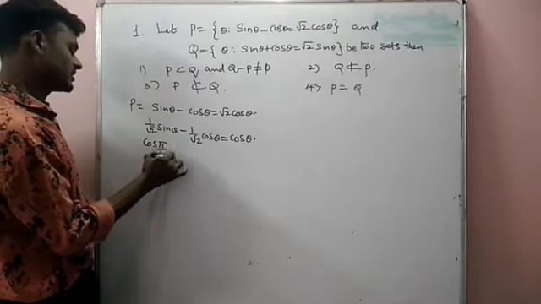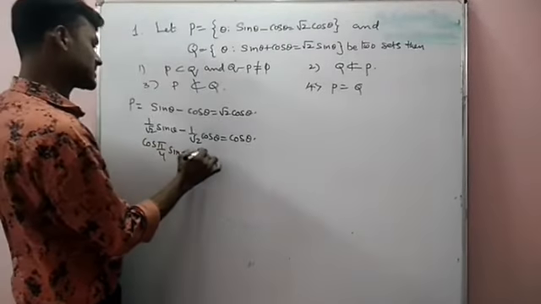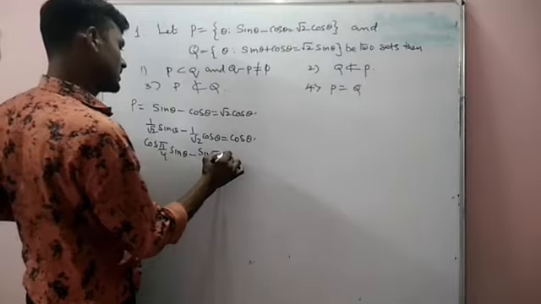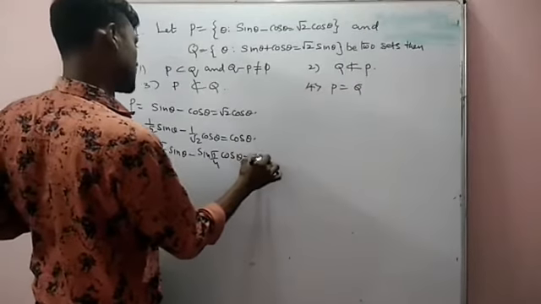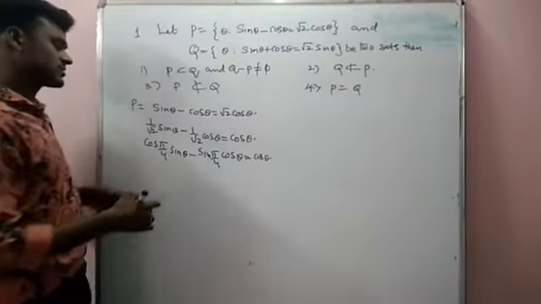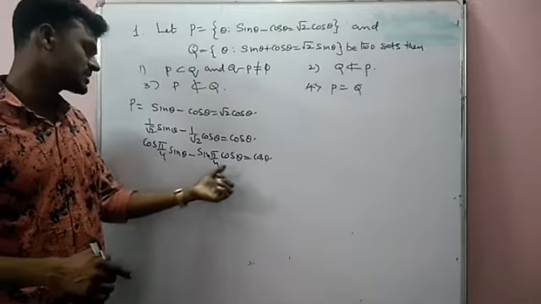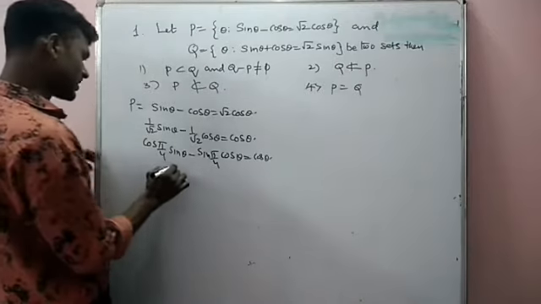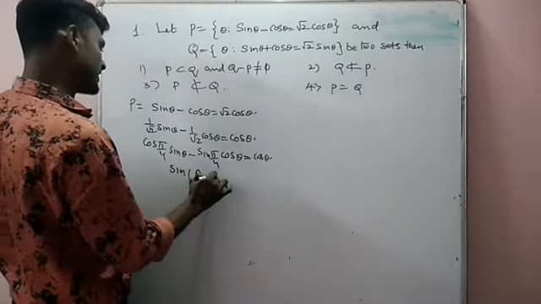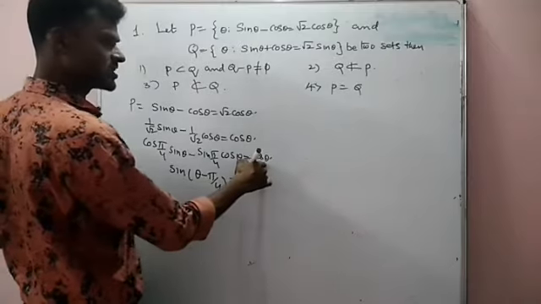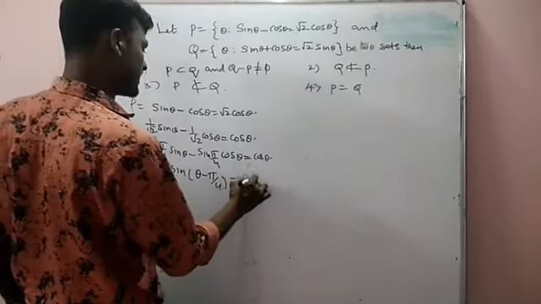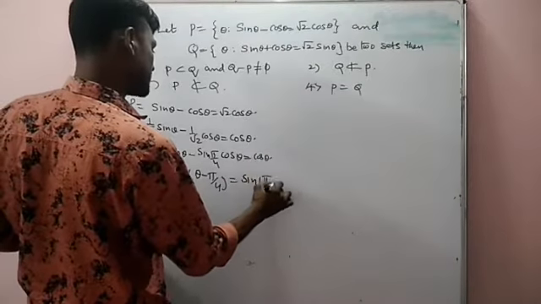Cos pi by 4 sin theta minus sin pi by 4 cos theta is equal to cos theta. This is sin A cos B minus cos A sin B, the sin A minus B formula: sin of theta minus pi by 4. Here cos theta we write as sin of 90 minus theta.